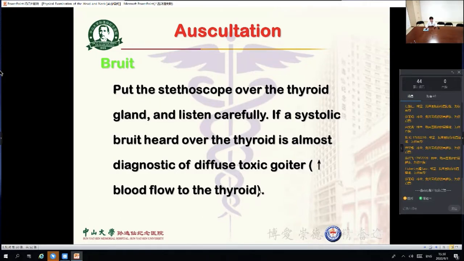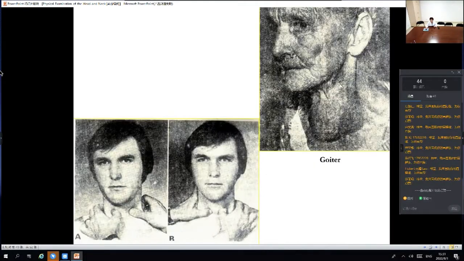甲亢的时候使用这个听诊器放在甲状腺的上级, like this. Put your stethoscope on the upper lateral part of the thyroid gland to hear if there are any murmurs that can be identified in this area.